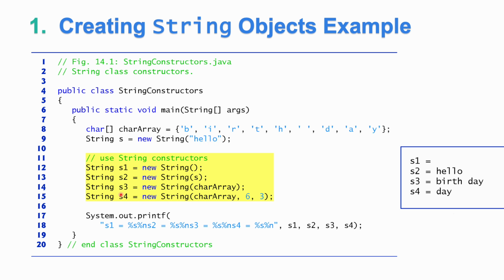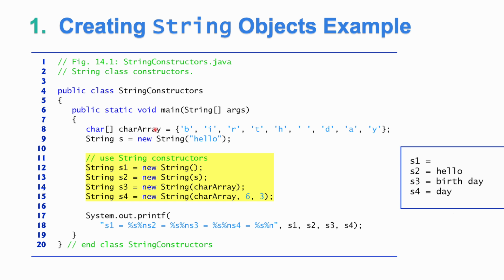The last 2, referenced by string variables s3 and s4, are created from the array of type char named charArray, which is declared and created at the beginning of the main method.